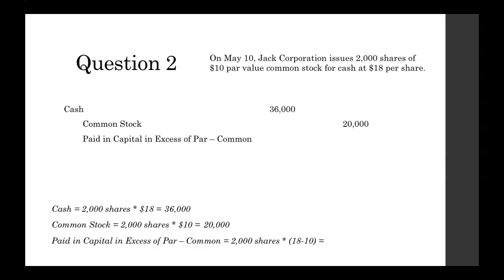Each individual share was issued at $8 more than par value. So 2,000 times 8 gets you that 16,000. So that's where that 16,000 is really coming from in this entry.